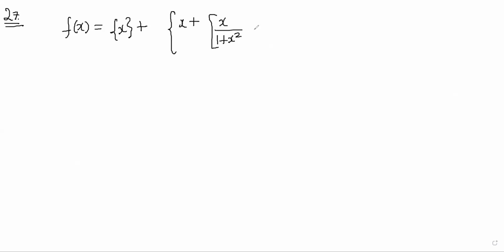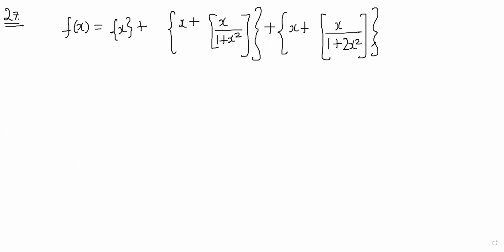Okay, let's move on to 27. 27 is looking complicated, so let's see what it is. f(x) is equal to the fractional part of x plus the fractional part of x plus GIF of x by 1 plus x square, and the whole thing is the fractional part of x plus the fractional part of x plus GIF of x by 1 plus 2x square, and so on till the fractional part of x plus GIF of x by 1 plus 99x square.